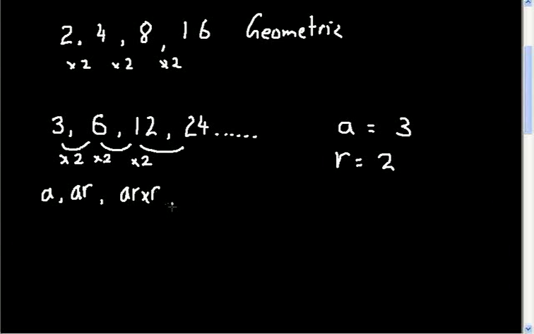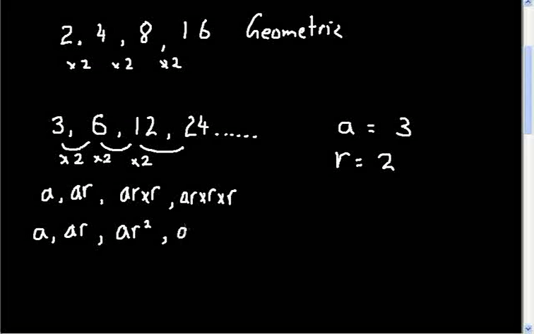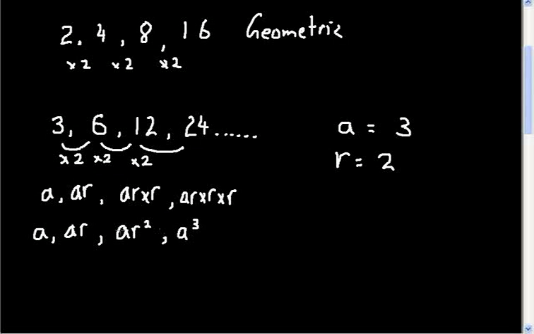And the fourth term is a times r times r times r, because this was multiplied again by another 2. But this is rather a long-winded way of writing our notation. It's better to use indices. So it's a, ar, then ar squared and ar to the power of 3. So the first term is always a, the second term is a times r.